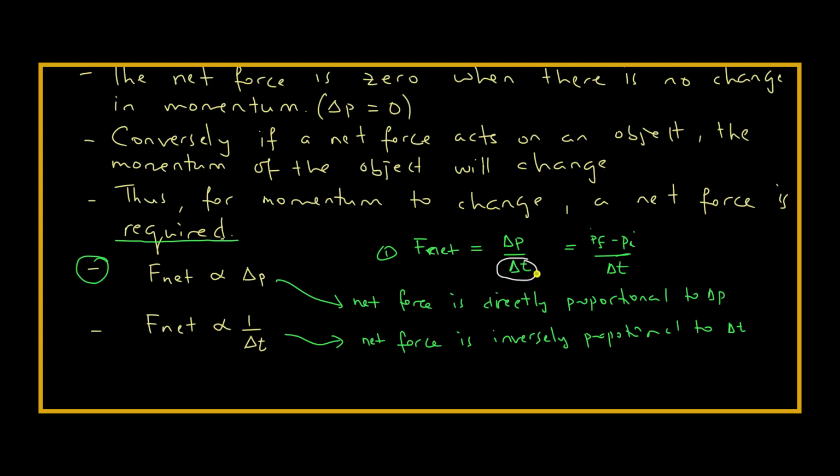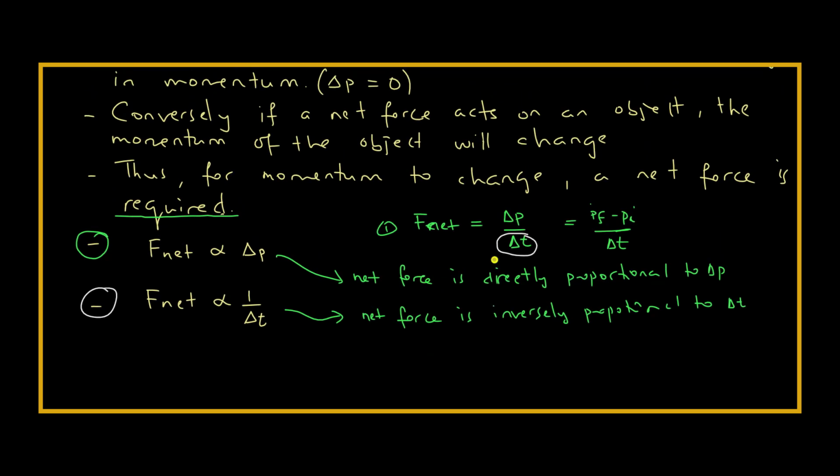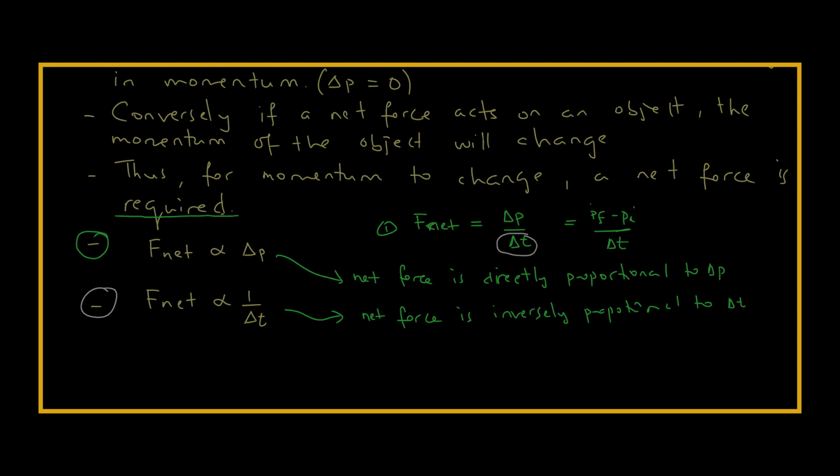If the delta T is small, then the net force acting on the object will be bigger. These are two very important points that you need to understand from this relationship between net force and the rate of change of momentum. We're going to make use of this expression in our later calculations, but you have to understand that net force is equal to the rate of change of momentum of an object.